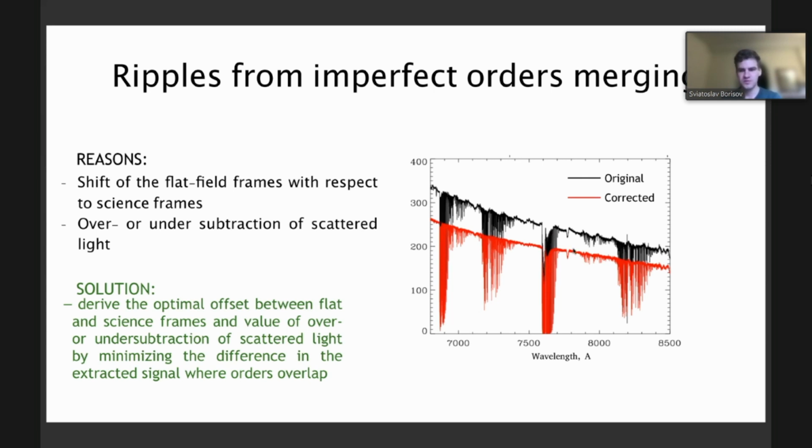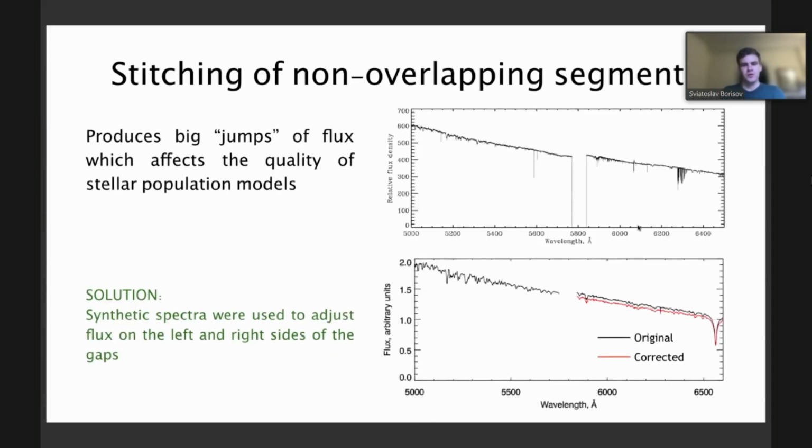And here in this figure, you can see an example of what we had before and what we had after this correction. Also, since the spectrograph has 3 different CCDs, there are some gaps between them. That means that there are 2 gaps in all the spectra.